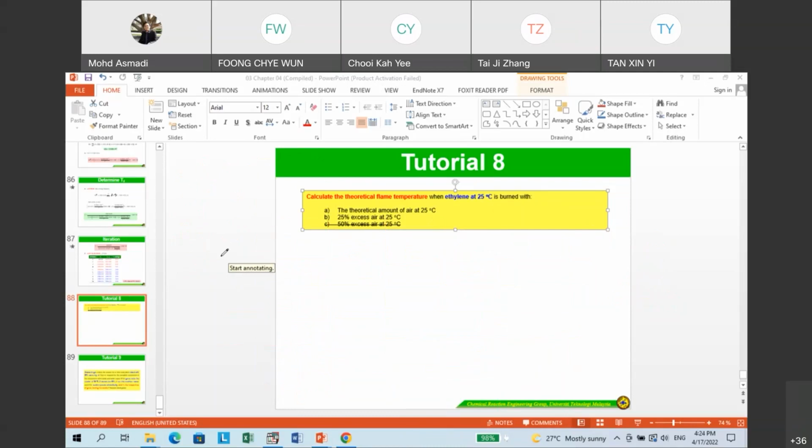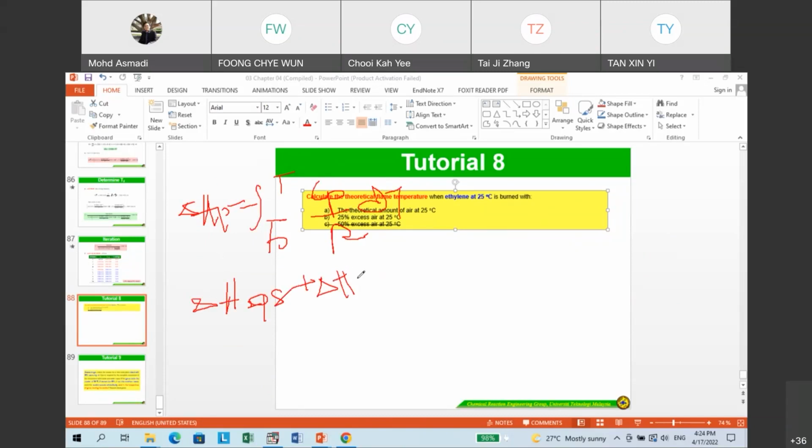If you still remember, delta HP equals the integral from T0 to T of the heat capacity of the products divided by R dT. So delta H298 plus delta HP equals 0.